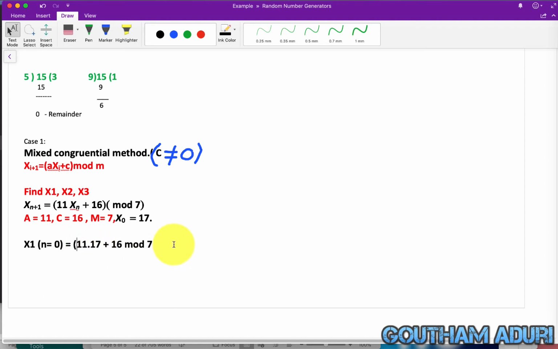It's 11 into 17, which is 187, plus 16, which is 203, mod 7.